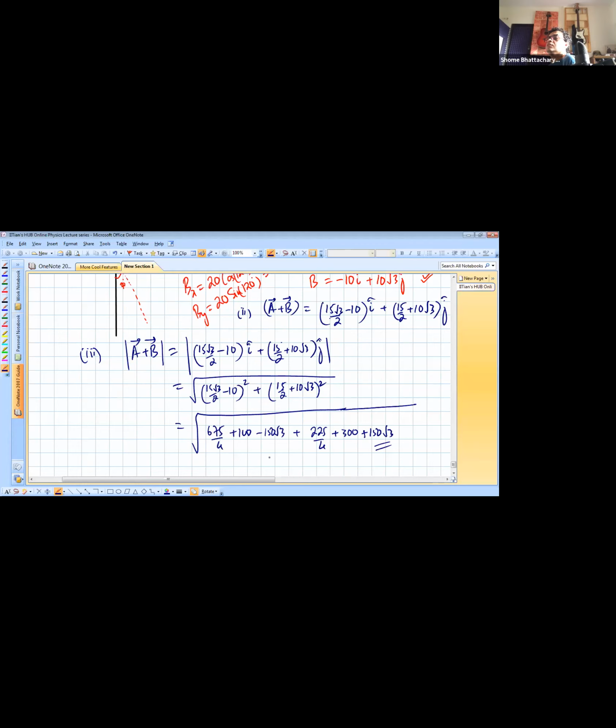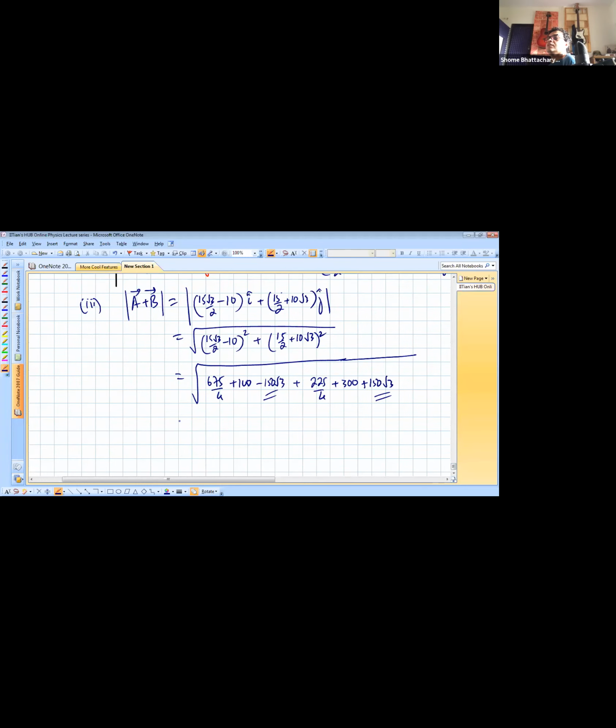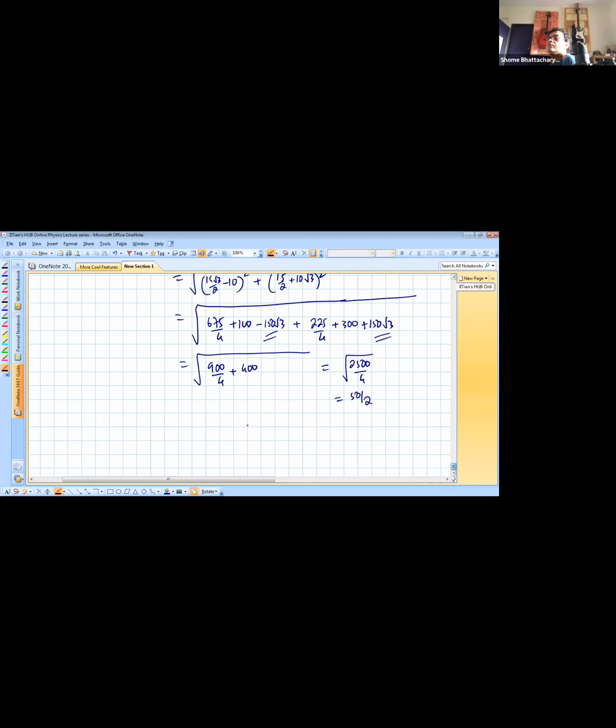So this term and this term interestingly cancel off, and what we are left with finally will be square root of 675 plus 225, so that is 900 by 4 plus 400, so that will become square root of 2500 by 4, so that is 50 by 2 or 25.